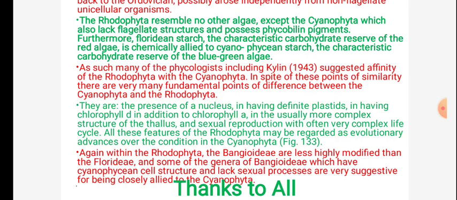Again in the Rhodophyta, Bangioideae are less highly modified than the Florideae, and some of the genera of Bangioideae have the cyanophycean cell structure and lack the sexual process, and therefore it is very suggestive of being closely allied to the Cyanophyta.